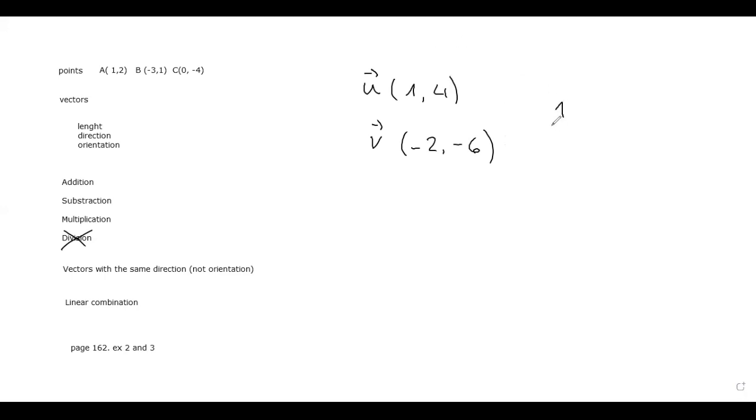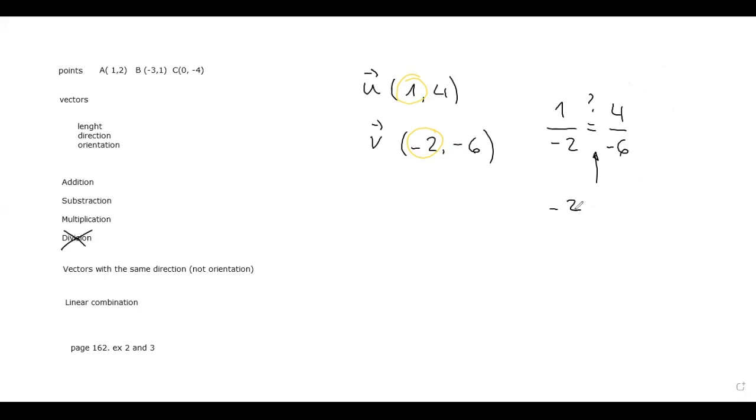I do this division. 1 divided by -2, okay? And if this is equal to 4 over -6, then if this is true, I mean, that's the question I have to make. If the answer is yes, I can assure that these two vectors have the same direction.